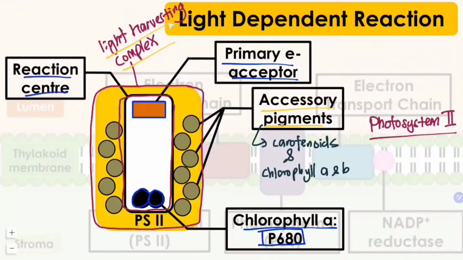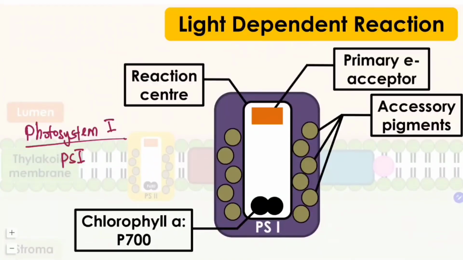Secondly is the light harvesting complex. Inside the light harvesting complex, we can find many accessory pigments, also known as the carotenoids, and chlorophyll A and B. For photosystem 1 or PS1, it also has a similar structure as the PS2.